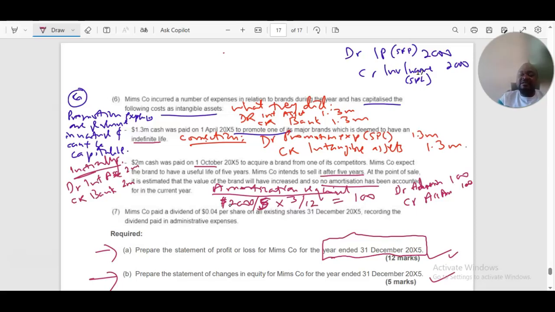The admin expenses are part of the statement of profit or loss, so we'll be increasing that amount. It's quite hectic, isn't it?